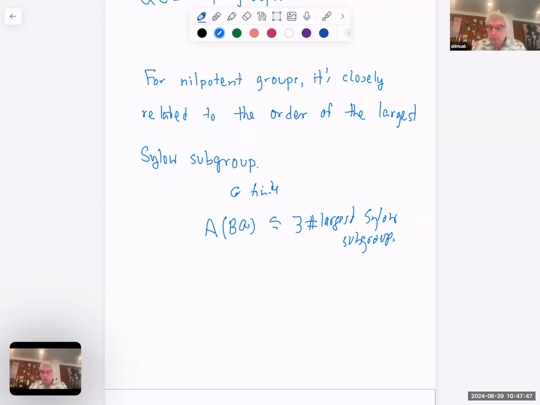Okay, so in other words, if your group is Z mod PQ, instead of it looking like PQ, it looks roughly speaking like 3 times the larger of P or Q. Okay, so now this is sort of a little bit weird, by the way, when you think about it, right?